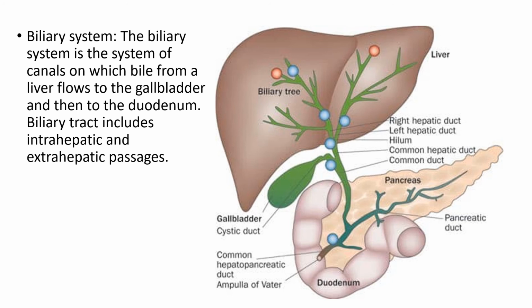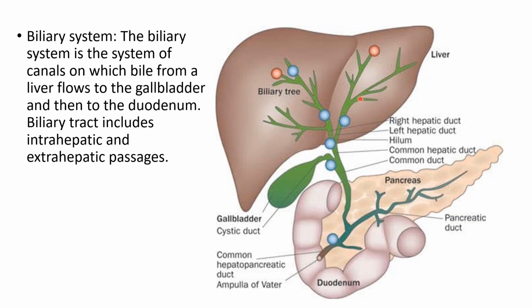Once the liver synthesizes and secretes the bile components, they must be transported to the required organ, which is the duodenum. Hence, this function is performed by a system of vessels called the biliary system. The biliary system is the system of canals through which bile flows from the liver to the gallbladder.